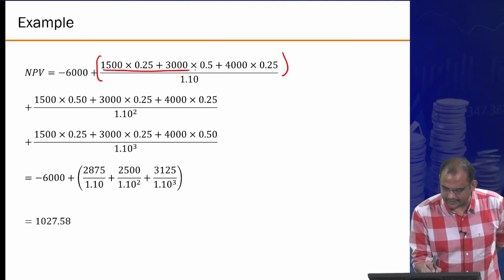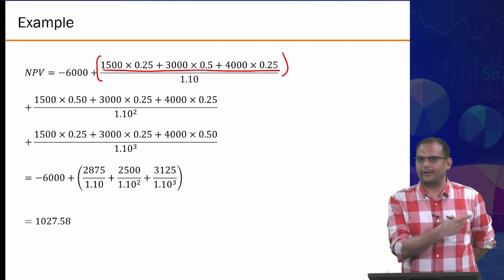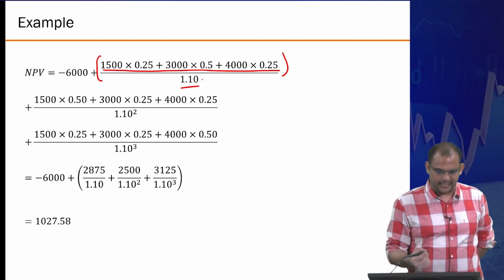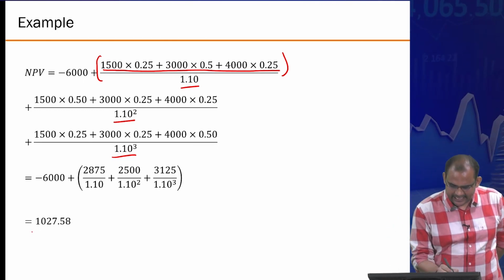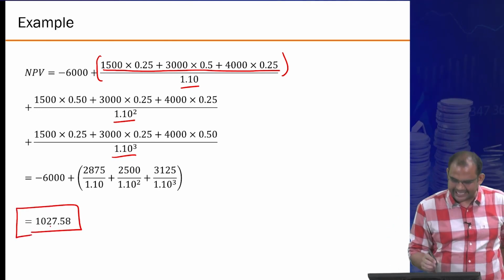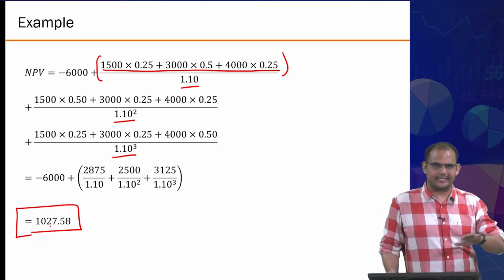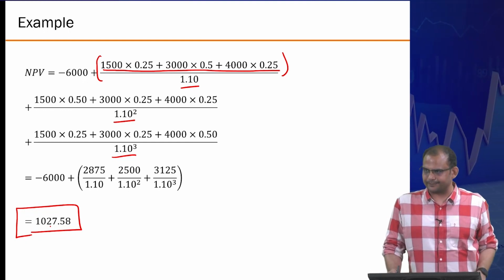This is the expected value of cash flow at year 1, which I already told you, divided by the discount rate factor, similarly here and similarly here. So this is the expected present worth of this cash flow series, given the probability distribution of individual cash flows.